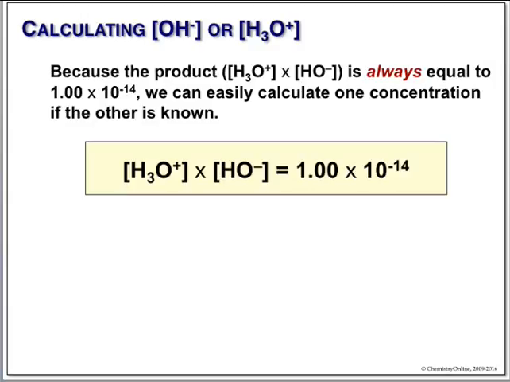Remember, hydronium times hydroxide is always 10 to the minus 14. If we know one of these, we can always calculate the other. So if I tell you that hydroxide was 5.04 times 10 to the minus 8 molar, what would hydronium be?